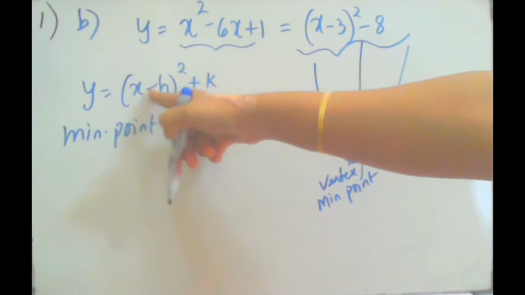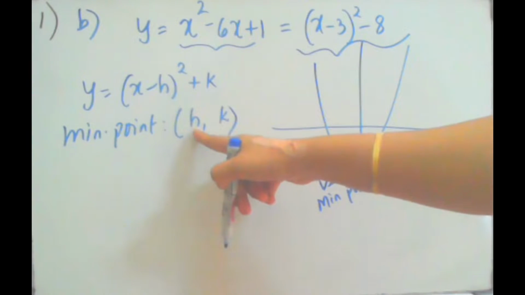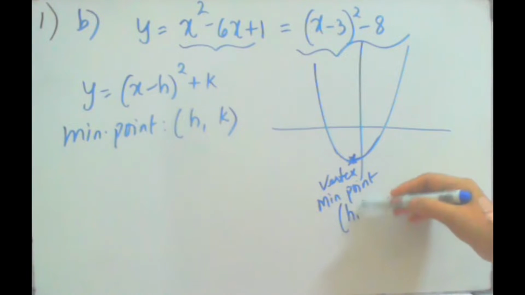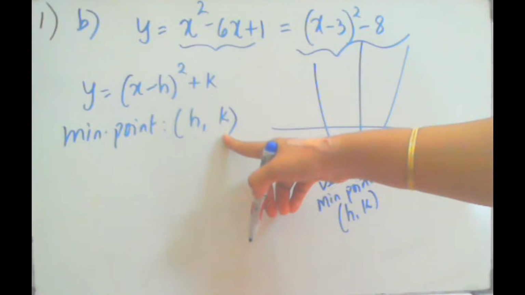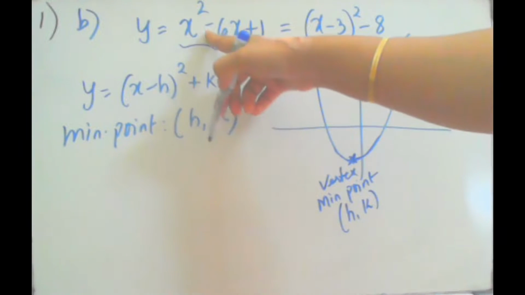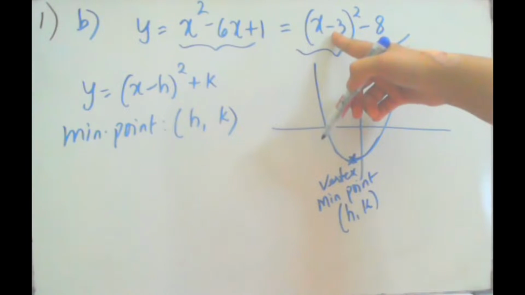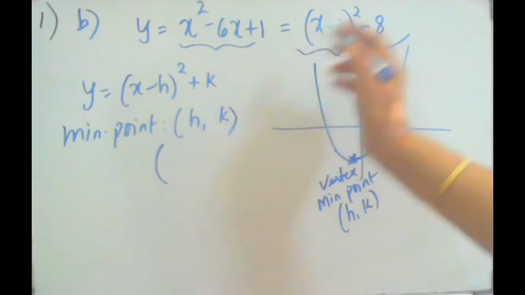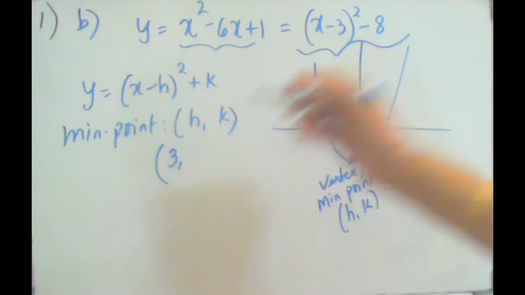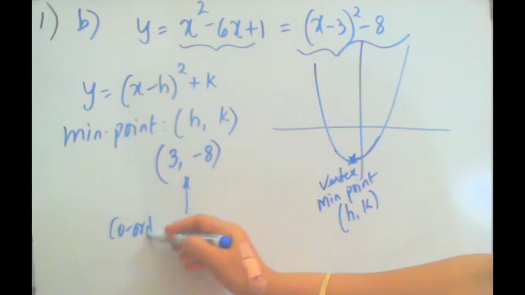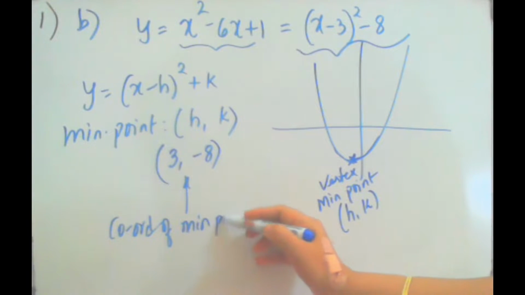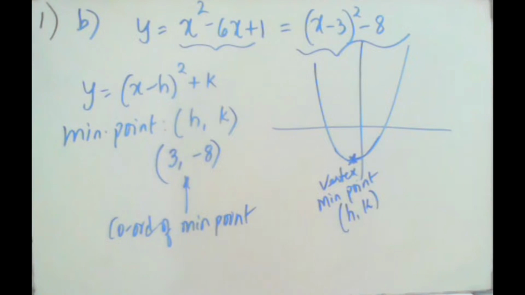So if you have minus inside the bracket and a plus outside the bracket, then straight away h and k are the coordinates of this graph. Now this is not straight away clear in the expanded form, but it is very clear in the completed square form. So from here we can identify h to be 3 and k to be −8. So these are the coordinates of the minimum point. So that is the answer for 1B.